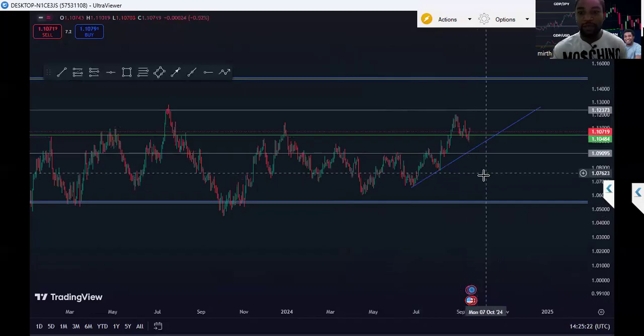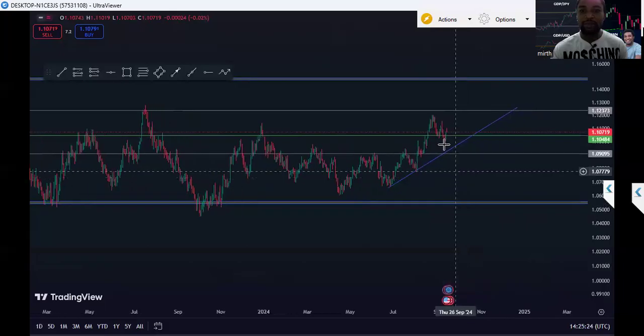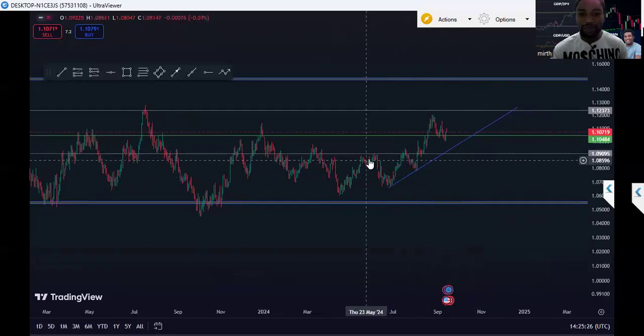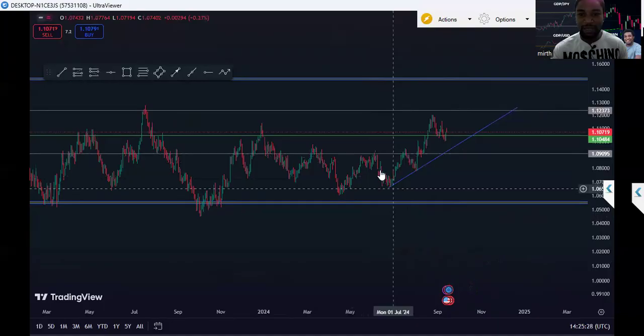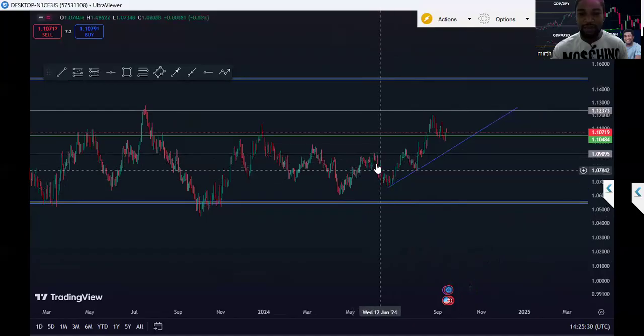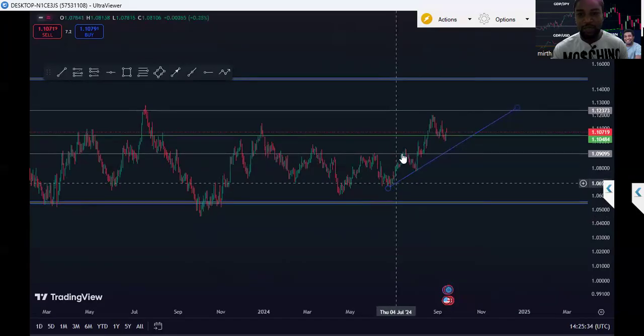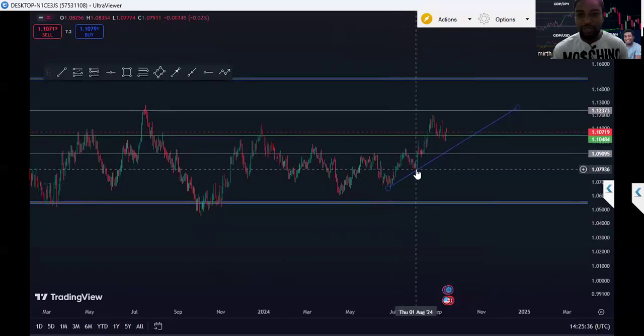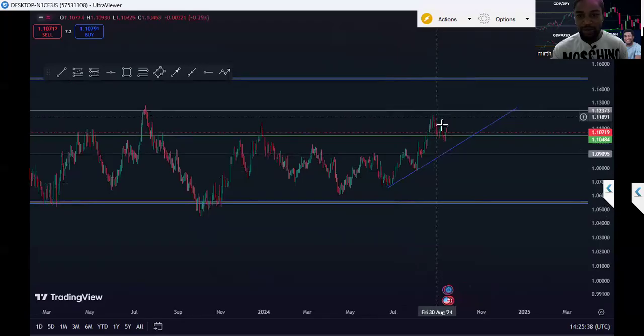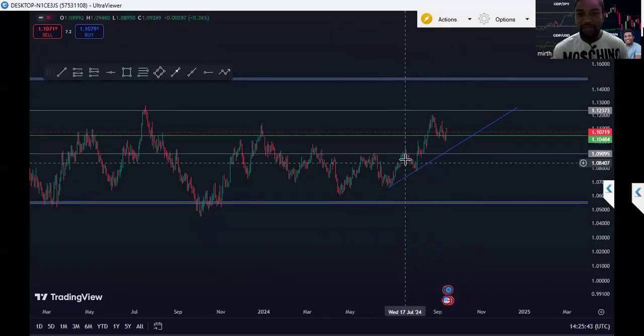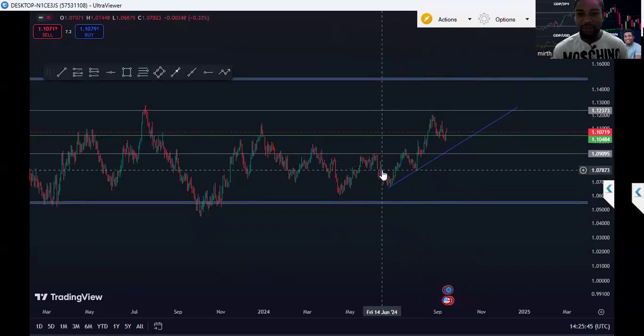So I'm looking for price to repeat this same pattern here. If you check this market around this area, this consolidation is quite big. If you see this impulse, this consolidation is not looking as big as this one, if you ask me.